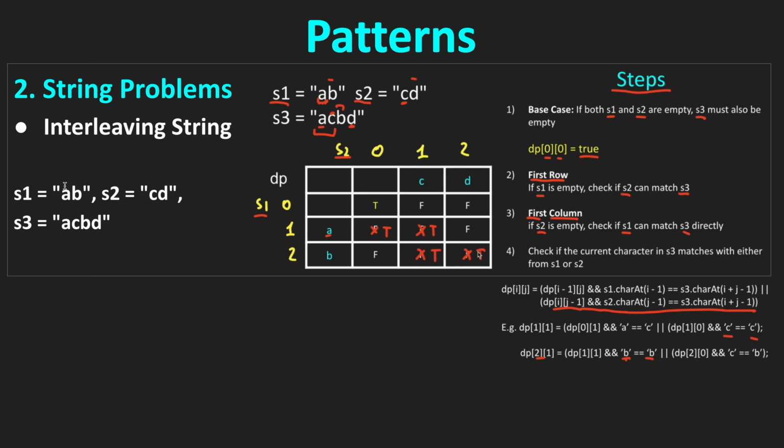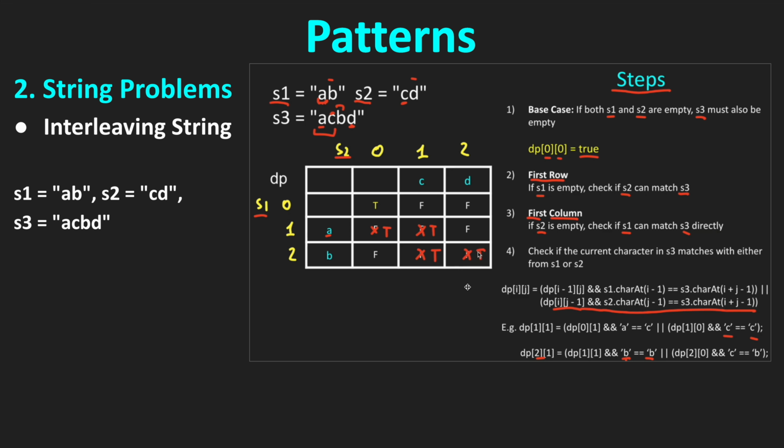For example, we can take the first letter from S1, the second letter from S2, the third from S1, and so on. Whether or not we can make S3 using S1 and S2.